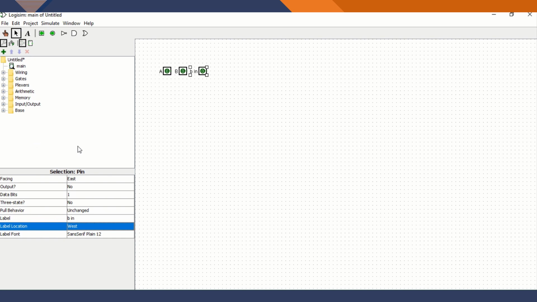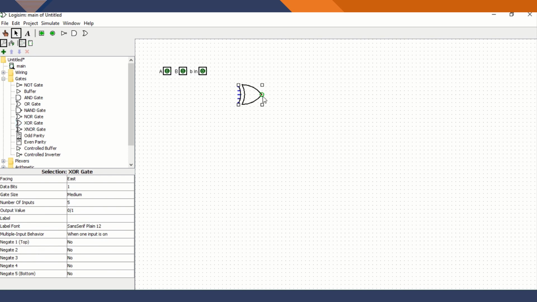Now I want to take one XOR gate, so I go to the gate option and select the XOR gate. And I want to take 3 AND gates, and I want to take 1 OR gate.